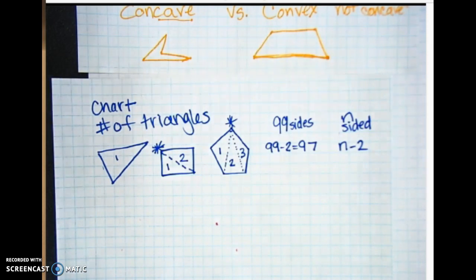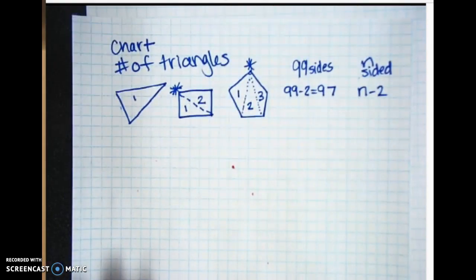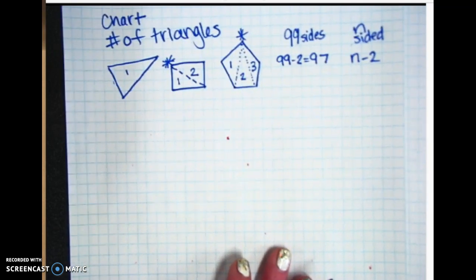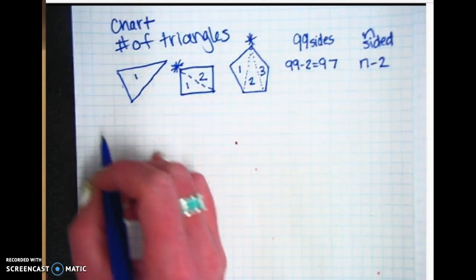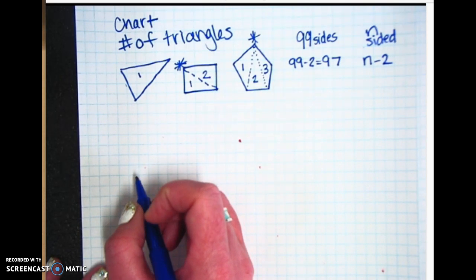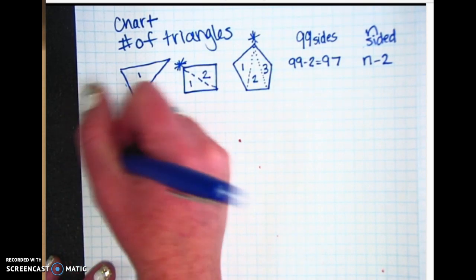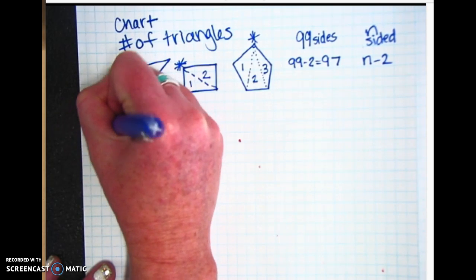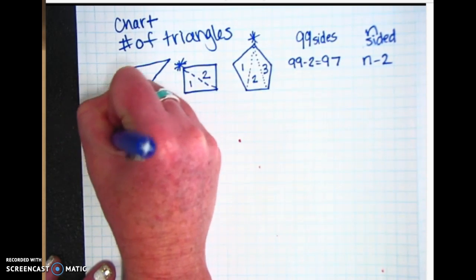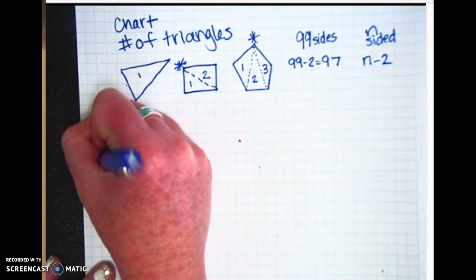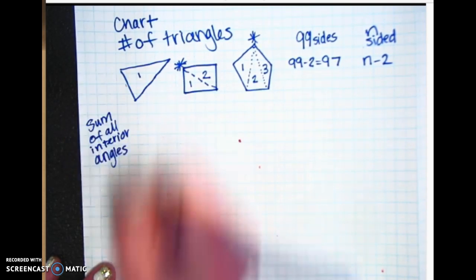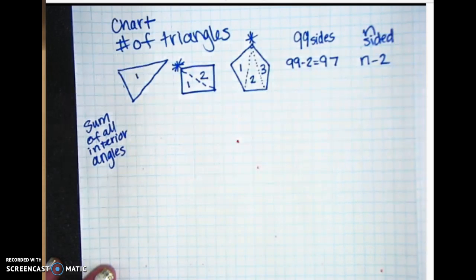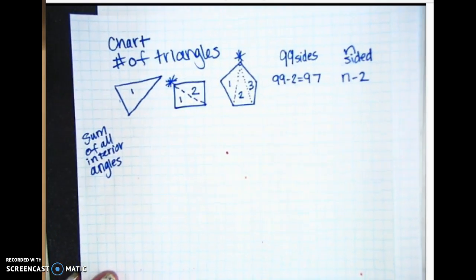Now, we need to keep going. We want to find out how many degrees total are in the polygon. We call that the sum of all the interior angles. And we start with the triangle because that's the easiest one, and we did it all first semester.